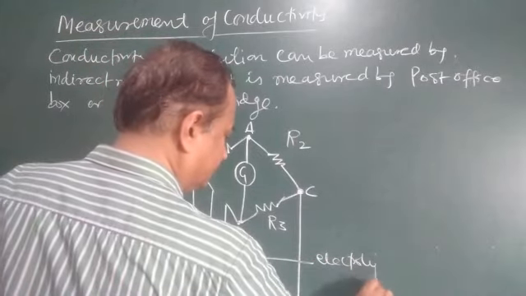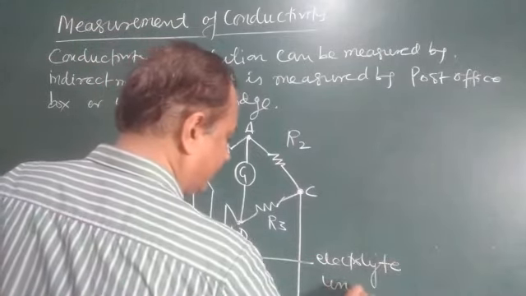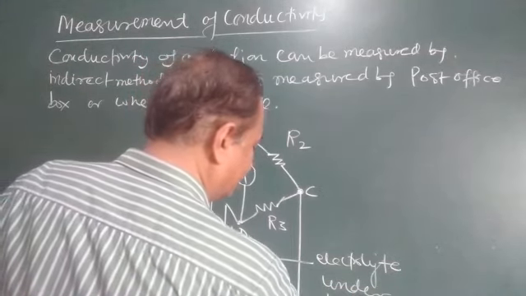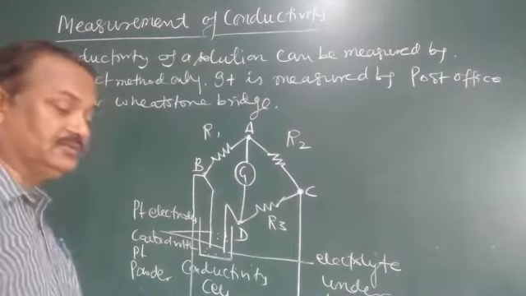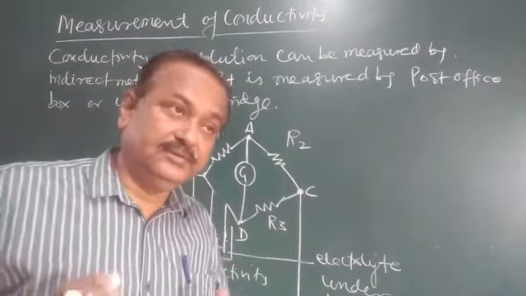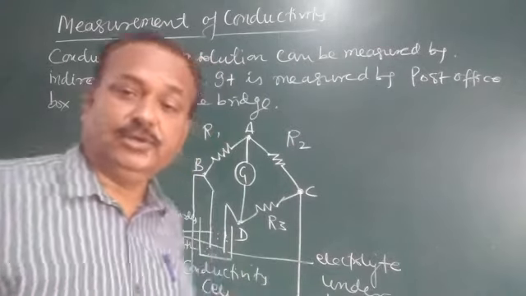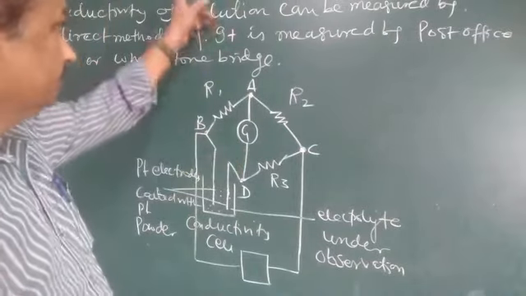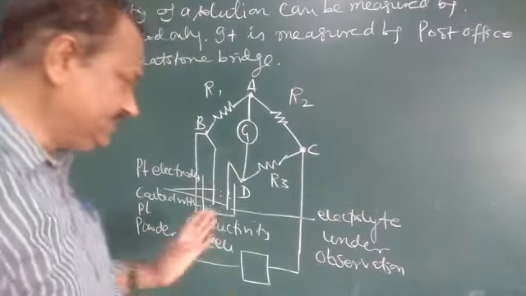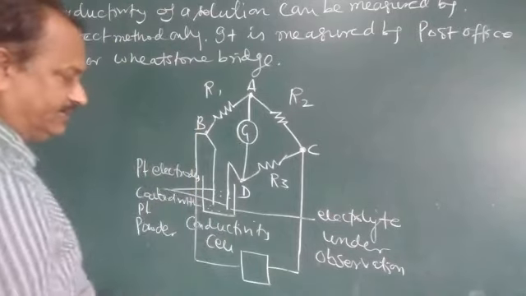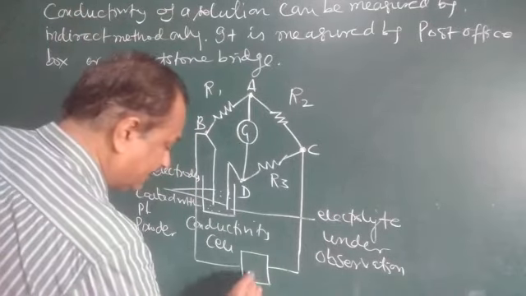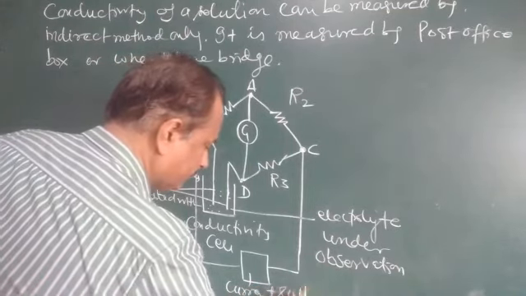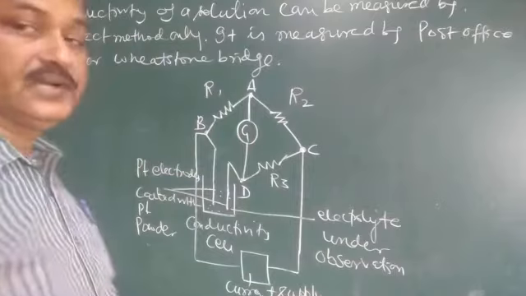This is the electrolyte under observation. Electrolyte under observation means the electrolyte which has to be taken for the experiment, or whose conductivity has to be determined. So this is the diagrammatic arrangement. This is the galvanometer. Now this is the current supply.